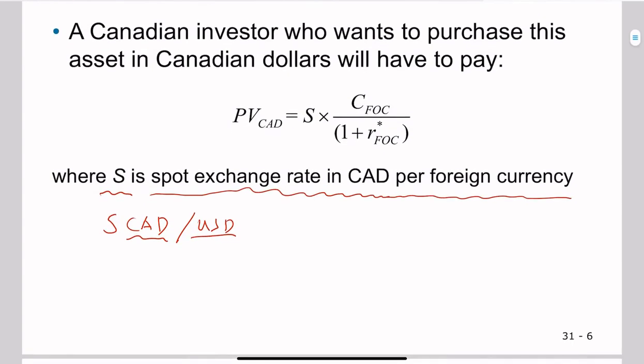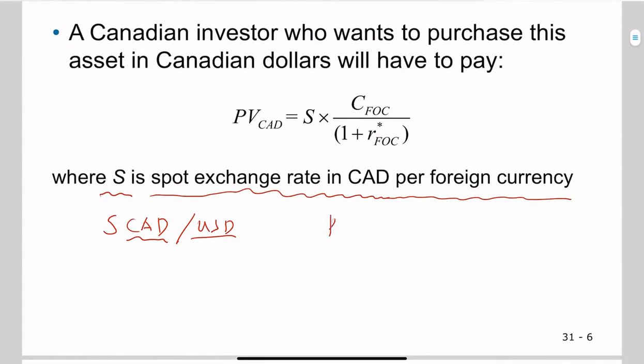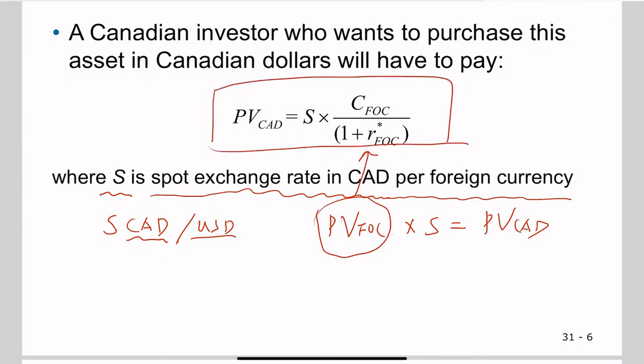Because we know that we have the present value in foreign currency, now this number times S, we will have the present value in Canadian dollars. Of course, we know that the present value is given by this guy. So in the end, we will have this formula, right?